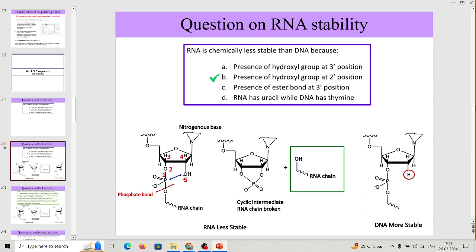This OH now attacks this particular phosphate which is joined to the 3' carbon, and the bond between the phosphate and another nucleotide breaks. There is a 2',3' cyclic monophosphate intermediate that undergoes cleavage, hydrolysis, and then we are left with a broken RNA chain, and that makes RNA less stable compared to DNA.